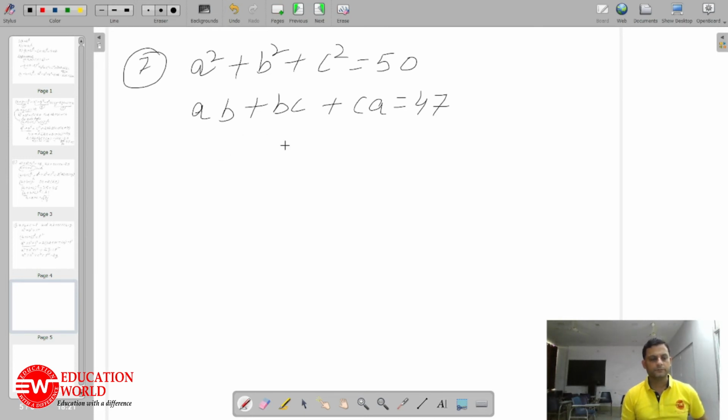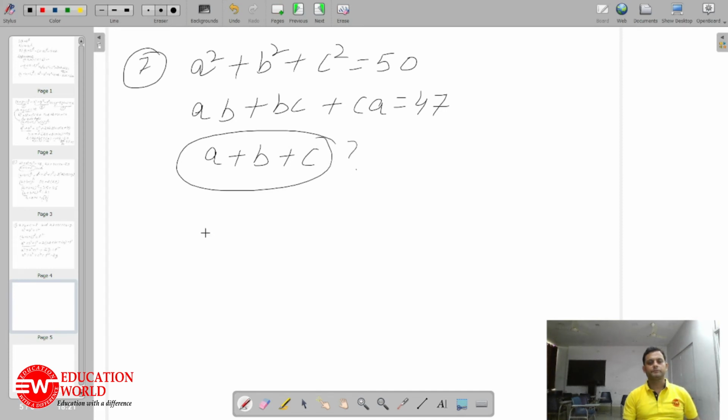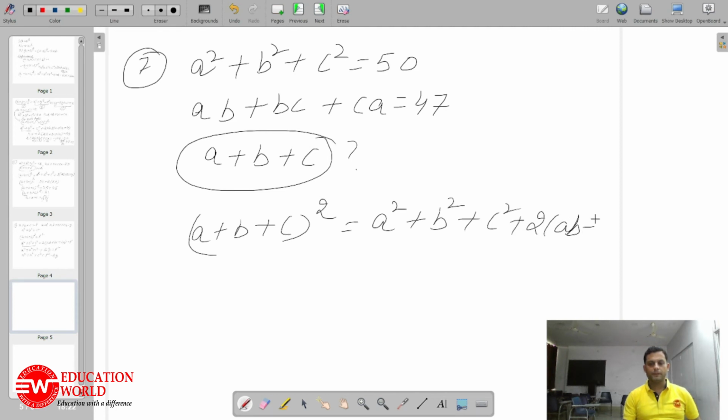So a + b + c, the first variable, we have to find this one. So (a + b + c) square is a square plus b square plus c square plus 2 times (ab + bc + ca). So this variable we have to find.